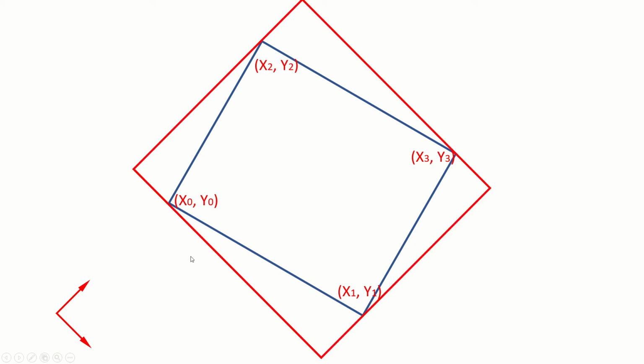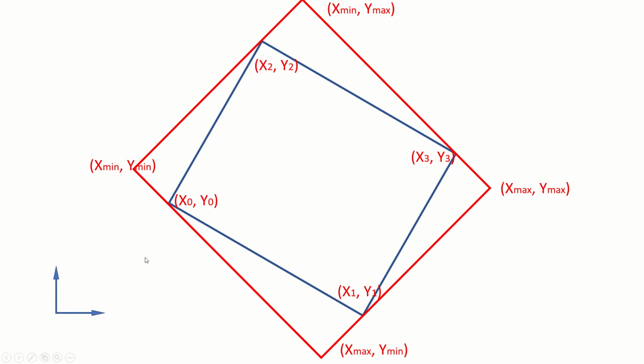Under that coordinate system, the red curves have x minimum, y minimum being that point, x max, y minimum being this point, x max, y max at that point, and then x minimum, y max over there. So under this new coordinate system, the red curves will be governed by those 4 points. After we get those points, we rotate back and map these new xy's to the original coordinate system so that we can draw the curves. Basically, this is how it's done.